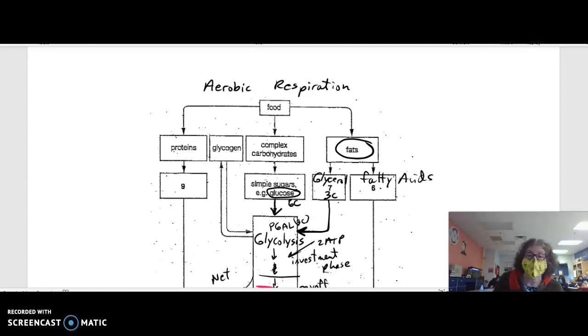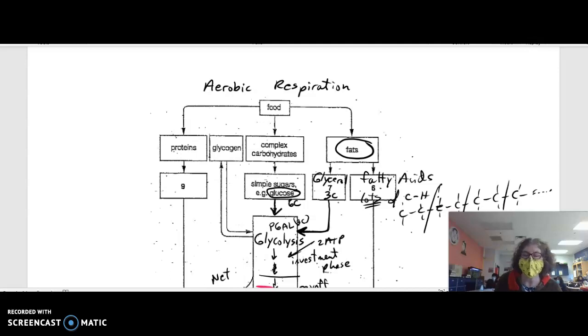Fatty acids, we're talking about lots of carbon and hydrogens, right? Entire chains of carbon, hydrogens. It's a hydrocarbon, right? All like that with hydrogens at every free spot. So what the cell does with these is it cuts them into 2 carbon units. 2 carbon, 2 carbon, 2 carbon. So with 2 carbon units, where do they come in?